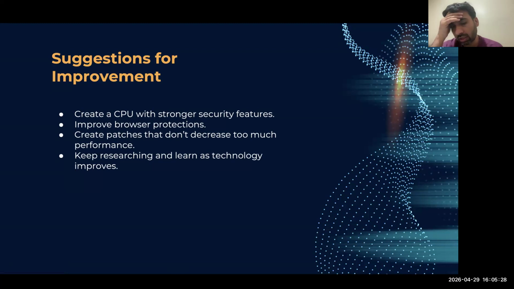Okay, if no, then I have one question, and it is again for everyone, not only for the presenter. The question is, in this paper, they have presented two variants of the Spectre attack, right?